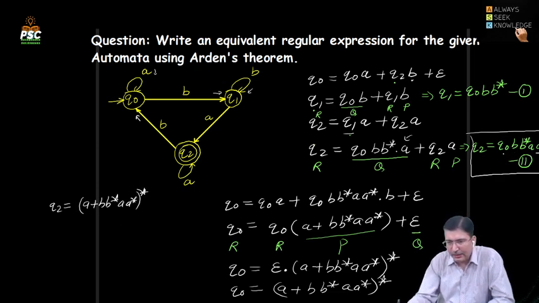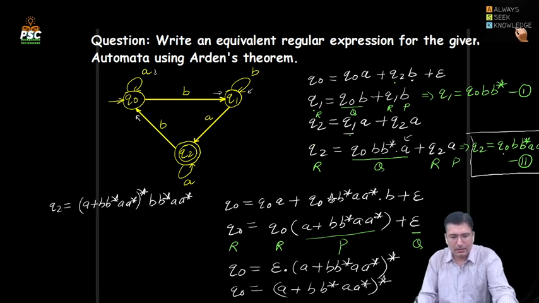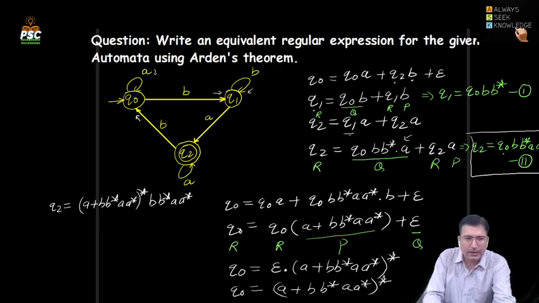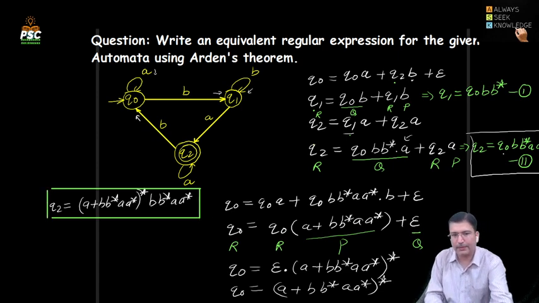And followed by this B asterisk A asterisk. Okay. If this is the equation of your final state, the characteristic equation, then we can conclude that this automata can be converted into this regular expression. So this regular expression is the equivalent regular expression to the given automata.